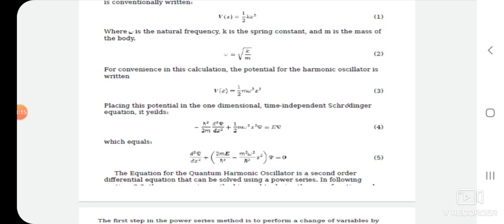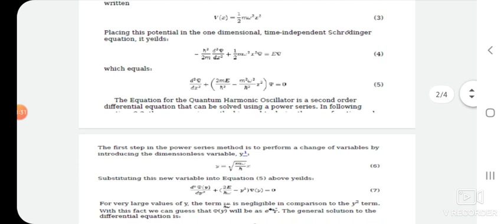This equation for a quantum harmonic oscillator is a second order differential equation that can be solved using a power series, as we discussed in the last lecture.